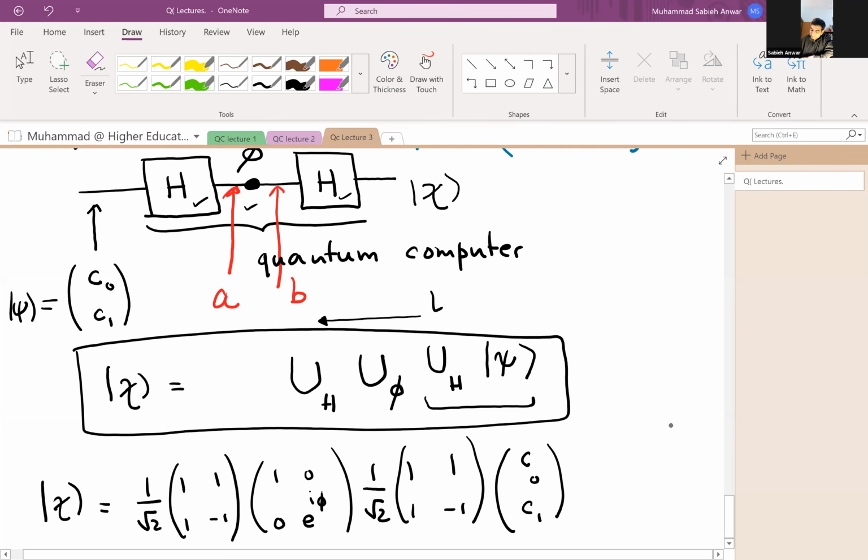Okay? Thank you. I have a question. Yes. Do Hadamard matrices differ from Hermitian matrices? Yes. A Hermitian matrix is a matrix whose adjoint is the matrix itself.